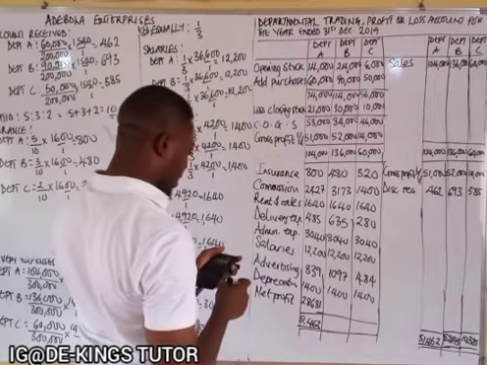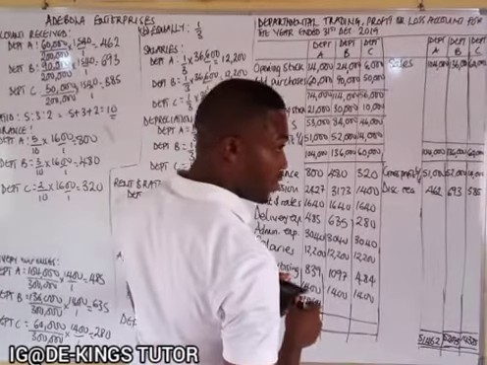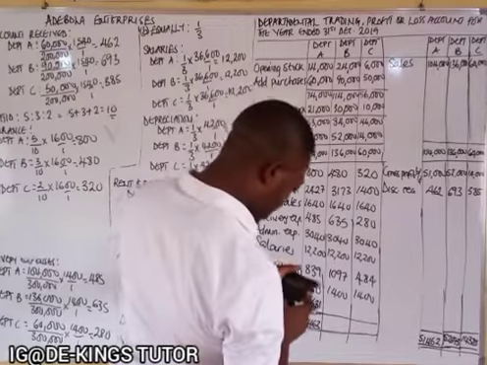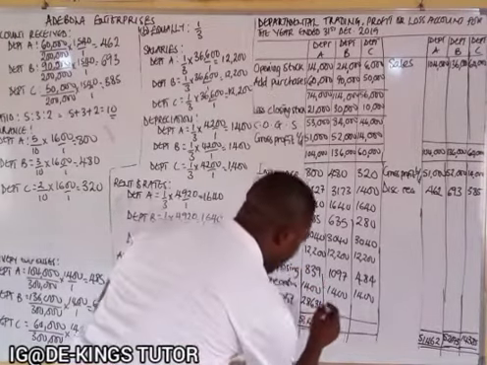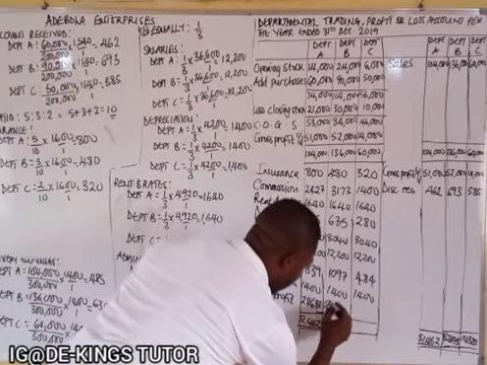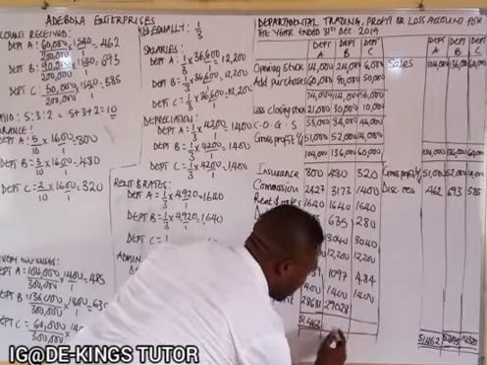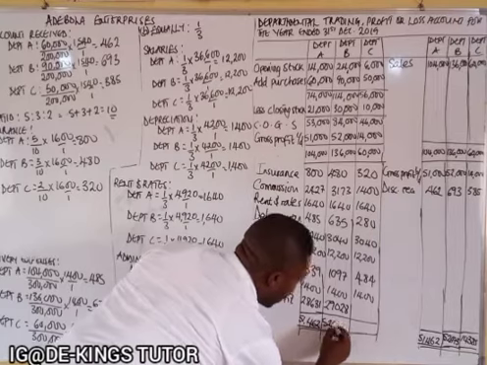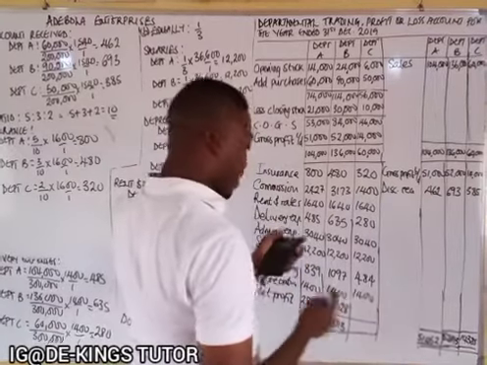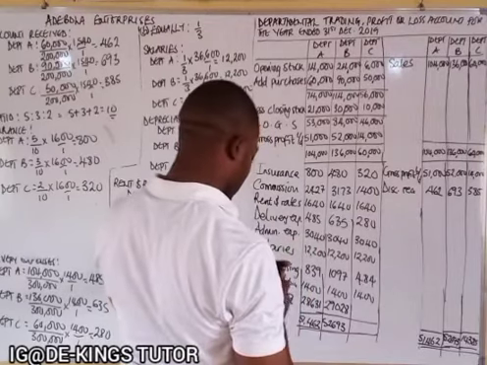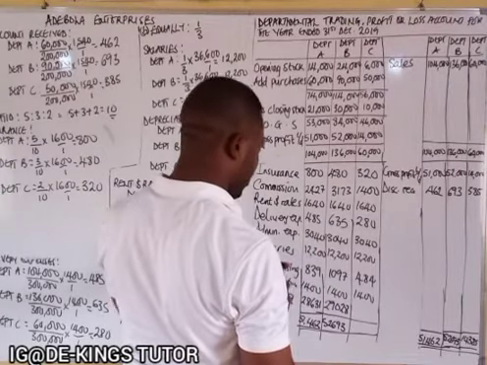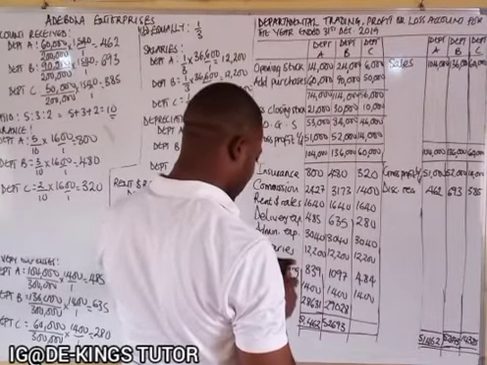We have 23,665. So if you deduct it from 52,693, we'll have 29,028, such that we now have 52,693.